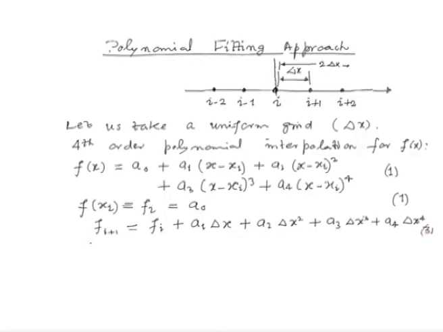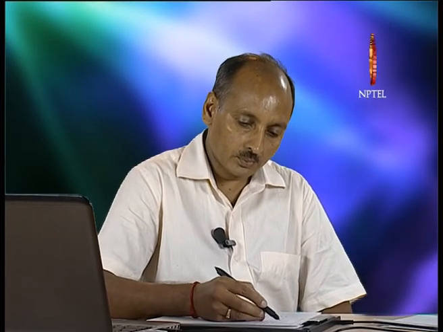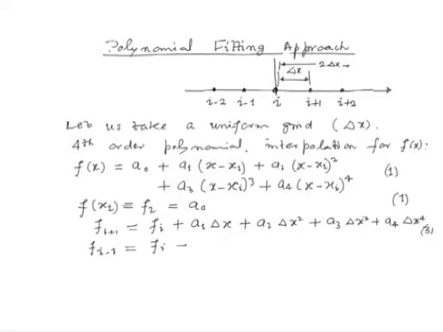The function value at i-1, fi-1, will be equal to fi. Now, x minus xi, where x is xi-1, gives us minus delta x.